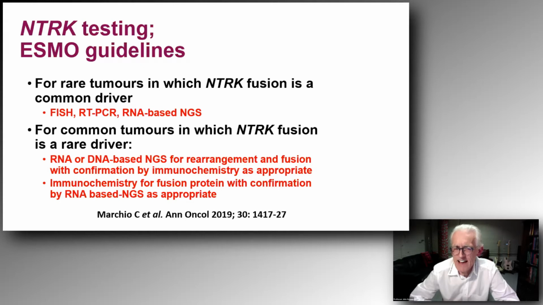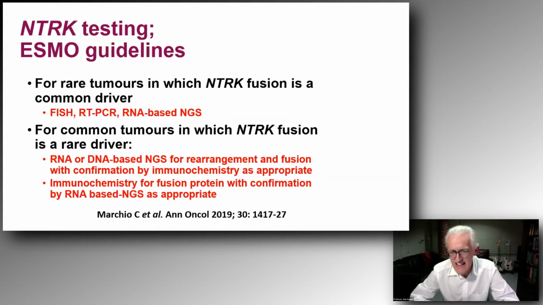What do they mean by that? They mean that if you have any doubt about the results of your sequencing, then confirming it by immunochemistry to show that there is indeed a fusion protein present is an appropriate thing to do. If you don't have access to NGS, and across the world, of course, NGS is not widely available, it's easy to forget that, then they recommend using immunochemistry to look for the fusion protein. And then if you find expression, find hopefully a way of confirming that by RNA-based NGS.